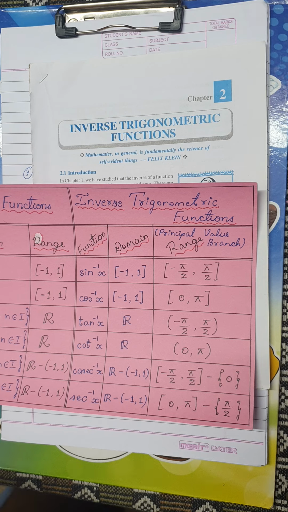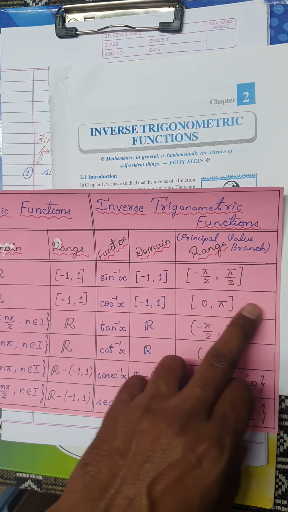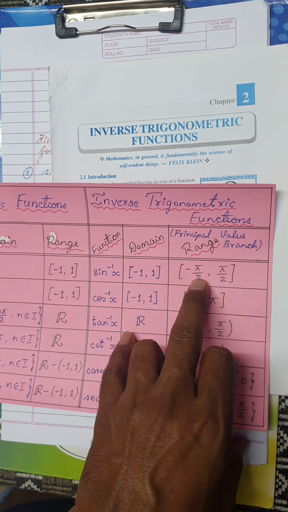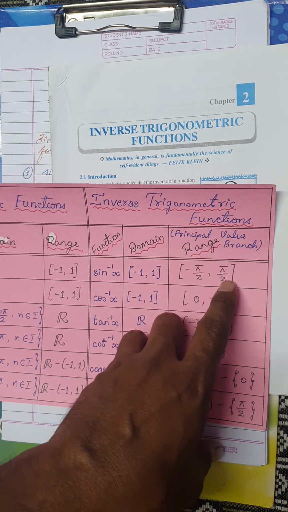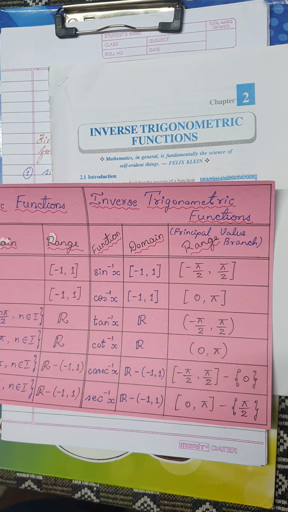So we split the entire set of real numbers into small branches, and the one main branch we consider is minus pi by 2 to plus pi by 2 for sine inverse. This is the principal value branch.